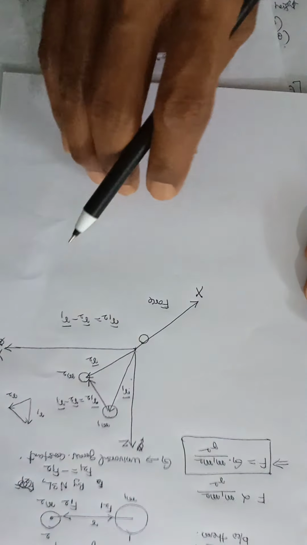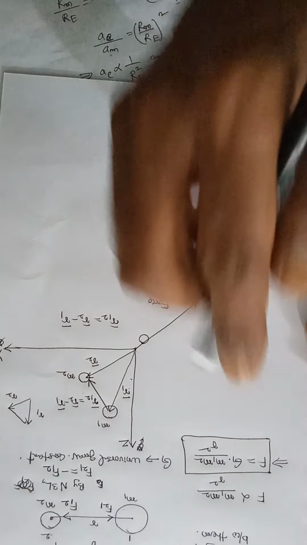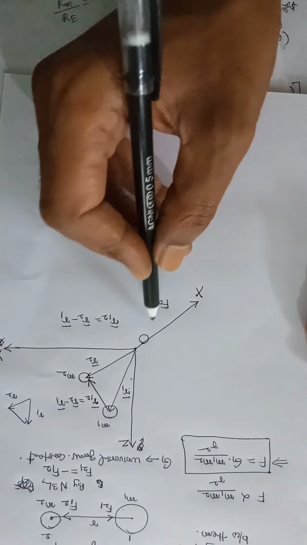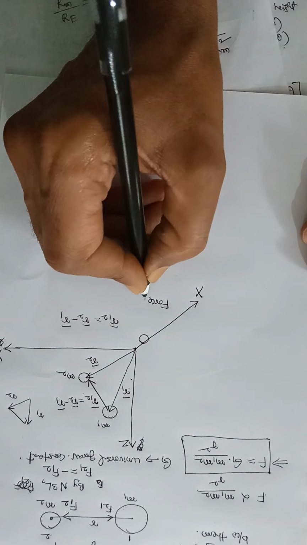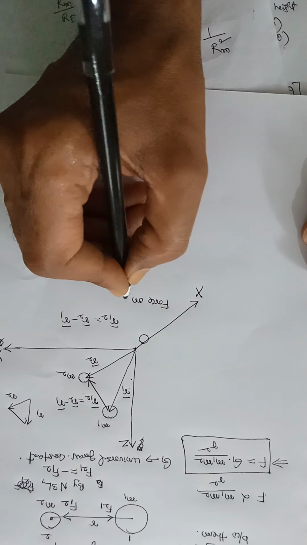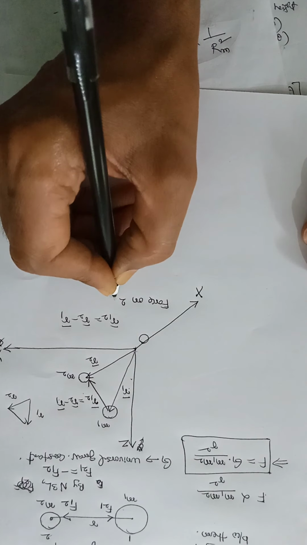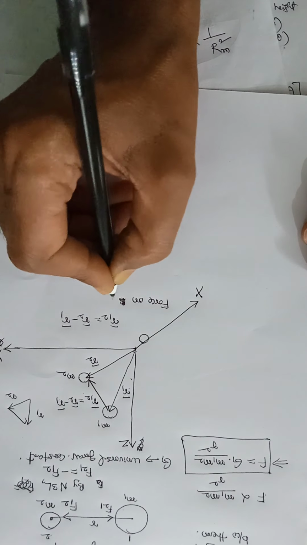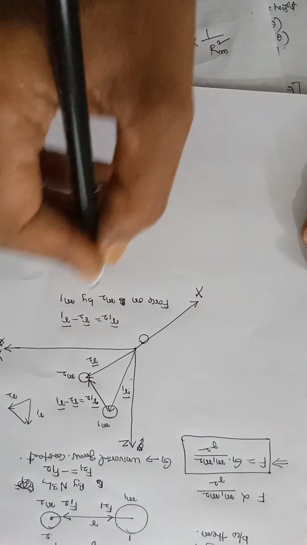These two forces are equal in magnitude and opposite in direction. And this F is nothing but the common value. Force on M2 by M1.